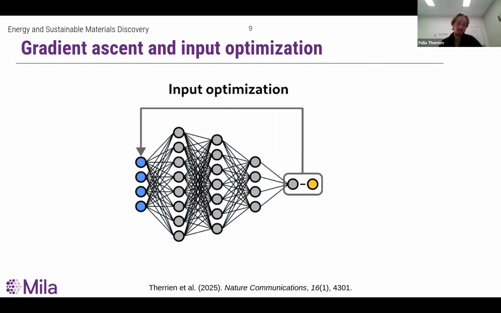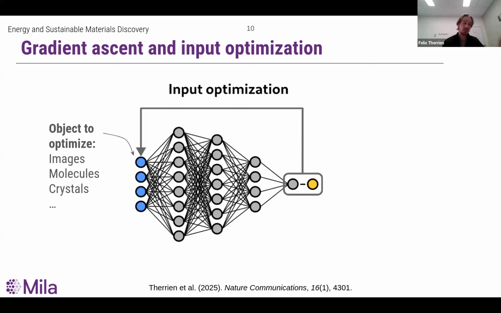So a very simple way that you can use a neural network to generate things is to do input optimization. What's shown in blue is what you optimize. Now, instead of optimizing the weights, you're optimizing the input. So you're trying to optimize the images themselves, or the molecules, or the crystals themselves.